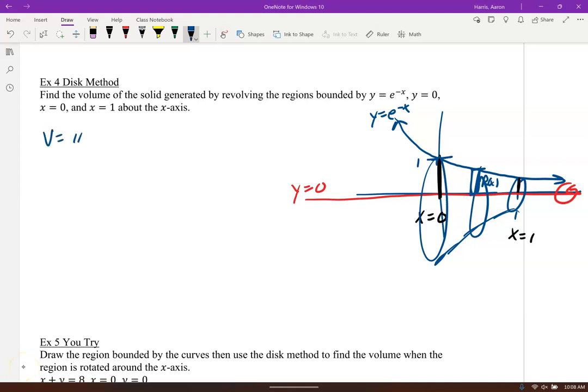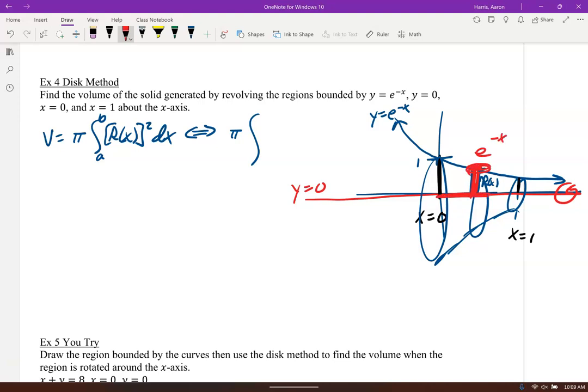Here's our disk method. Pi, radius of the disk, squared dx from A to B. And so this would be pi, the radius here. All right, here's our radius. This is our rectangle, right? It's just that e to the negative x minus 0, right?